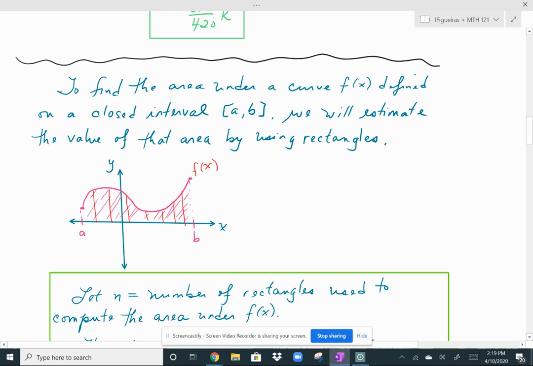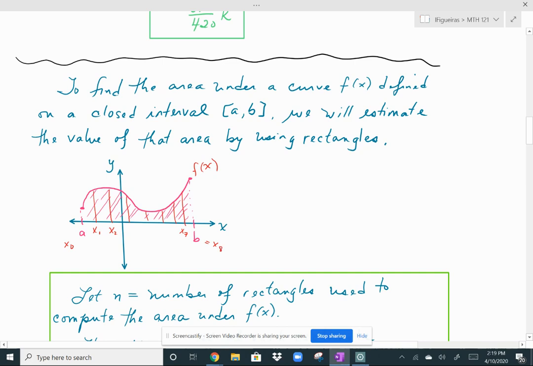And each of those subintervals have a corresponding x value. Let's call this x sub 1, x sub 2, x sub 3, 4, 5, 6, and this x sub 7, and then my eighth one is at b. And a would be x sub 0, and this would be x sub 8, okay?